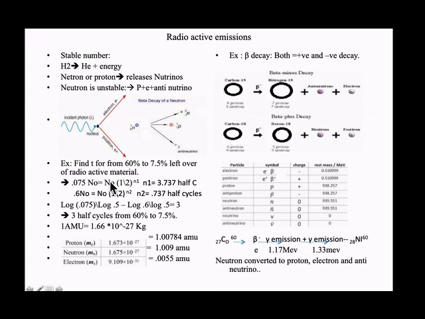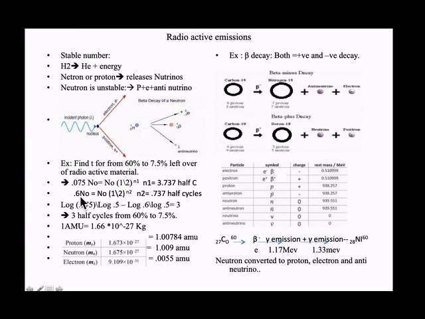Suppose I take the logarithm here, it becomes N1 log N0 into N1 log half. So N0 will get cancelled. So log 0.075 is equal to N1 into log 0.5. So log 0.075 divided by log 0.5 gives me my N1.